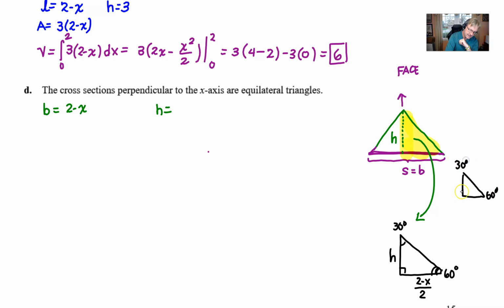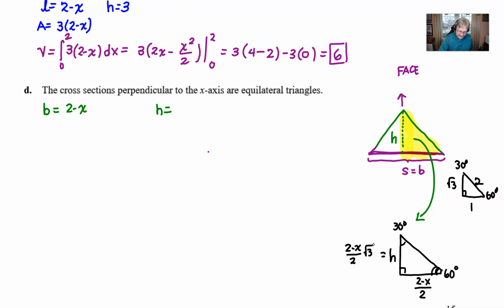A lot of kids tend to forget this, but I think that this is a must remember from your high school mathematics. Those are the ratios of the three sides. If the short side is 2 minus x over 2, then the hypotenuse is just going to be 2 minus x over 2 times the square root of 3.